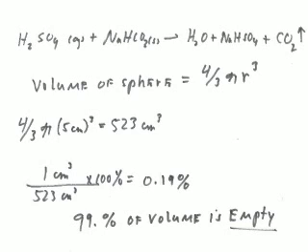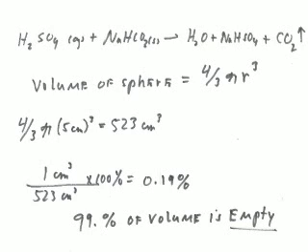So 1 cubic centimeter divided by 523 cubic centimeters times 100% gives less than 0.2% of that volume of the gas actually occupied by the gas itself, that is, the atoms and molecules themselves.